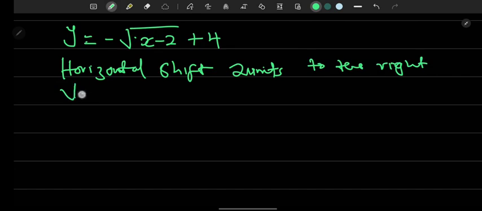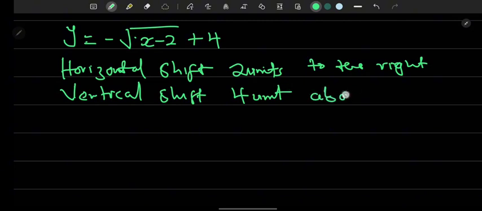Okay, and we have a vertical shift of 4 units, which is 4 units above the x-axis.